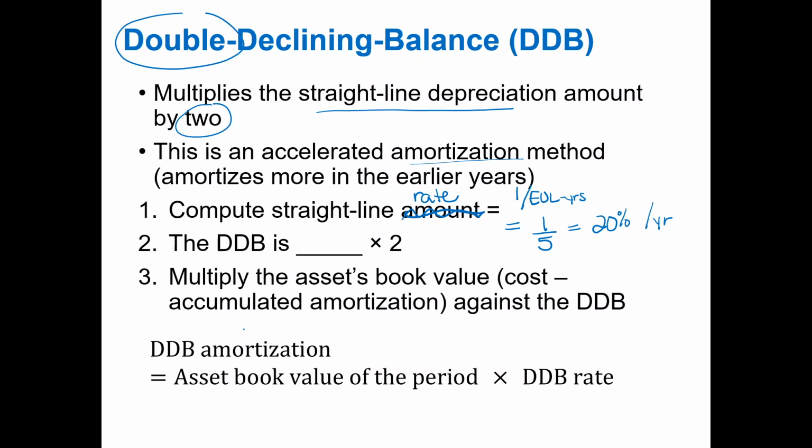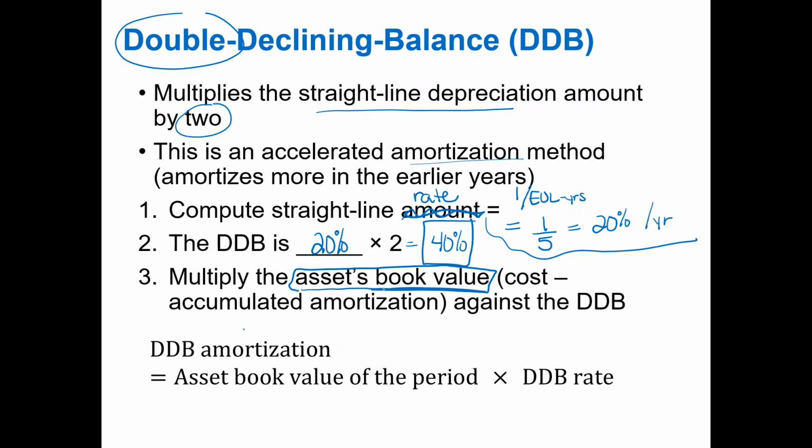But we're using double declining. So we now take that 20%, our straight line rate, and multiply it by 2. The rate that we will use is actually 40%. So we're doubling up. Now we have our rate, and we will use this every single year. But we multiply it against the asset's book value, which is the cost minus accumulated amortization.